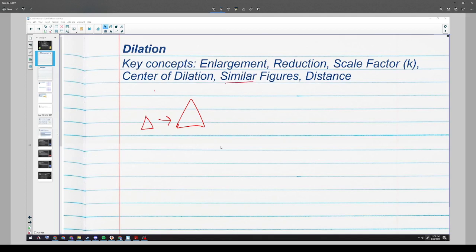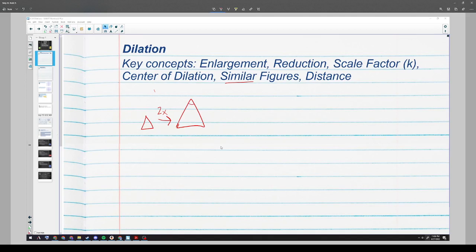So rather than congruent shapes, we end up with similar shapes because we're scaling this shape up proportionally. That means that we are making it, in this case, say 2 times as big in both the x and the y direction, so that it grows proportionally. So we end up with a similar shape.